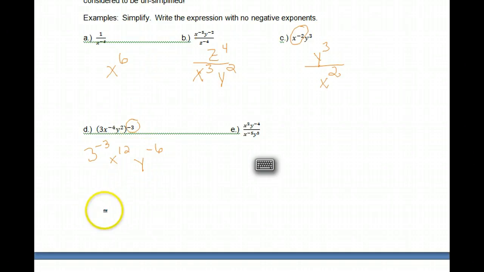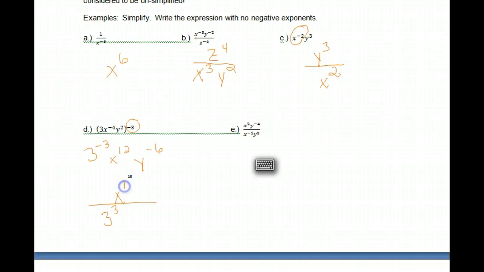Now that we have taken care of raising our powers to a power, we're going to move things around. So I'm going to draw my fraction bar, and anything that has a negative exponent is going to switch its location from the numerator to a denominator. So 3 to the negative 3 needs to switch. So it's going to become 3 to the third.